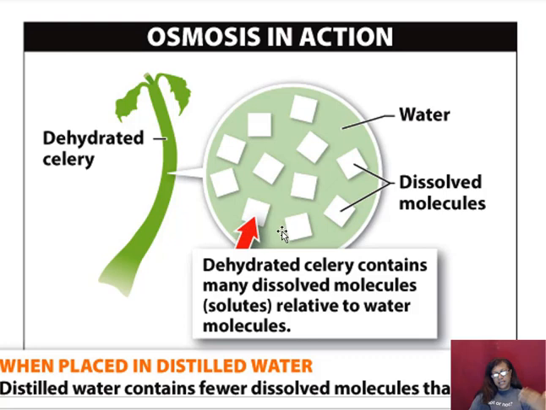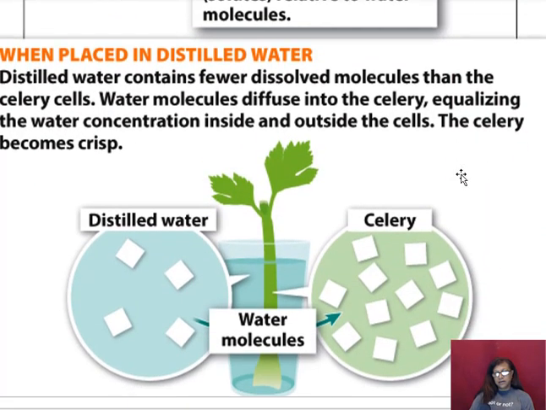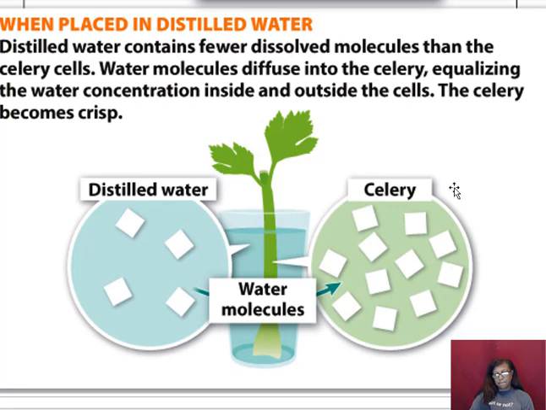So here we go. The dehydrated celery is going to contain these particles dissolved in water, these solutes, particles, relative to the water molecules, right? So if I were to place my piece of celery into distilled water, which means that the majority of the particles have been removed, now I'm going to have more particles in the celery than I have in my distilled water.